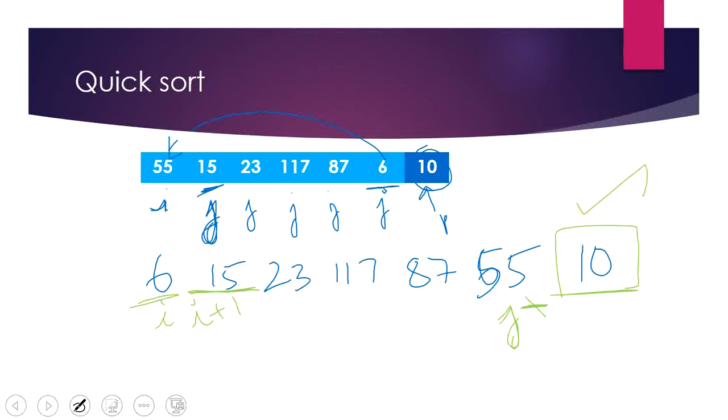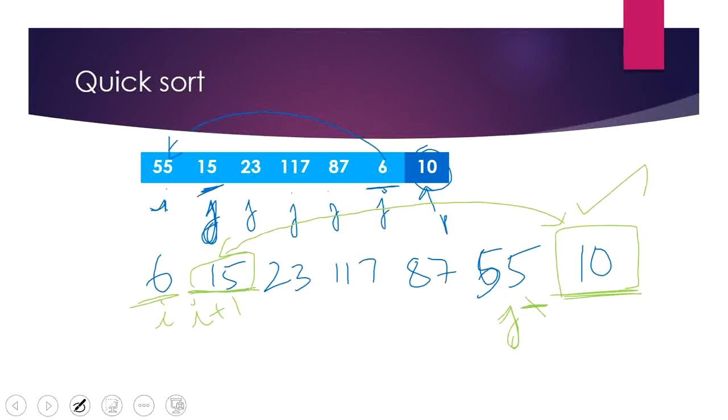We are going to swap our pivot element with the element at I plus 1. We don't care whether it is greater or less than, but this is the place of 10, our pivot. Our pivot wants its place, so we are going to switch their places.